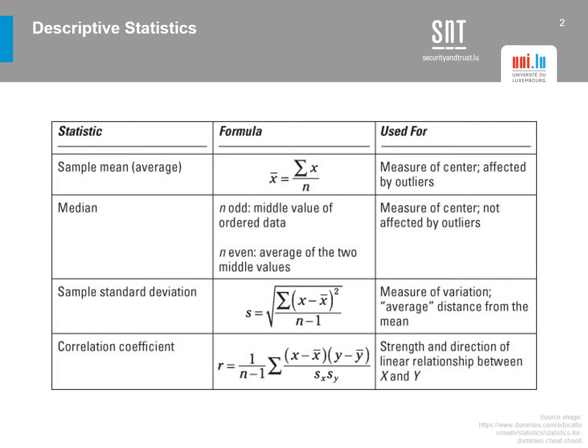It represents an average distance from the mean. We can see the formula of standard deviation, which is the square root of the sum of the distances from the mean, each put to square, divided by n minus 1.